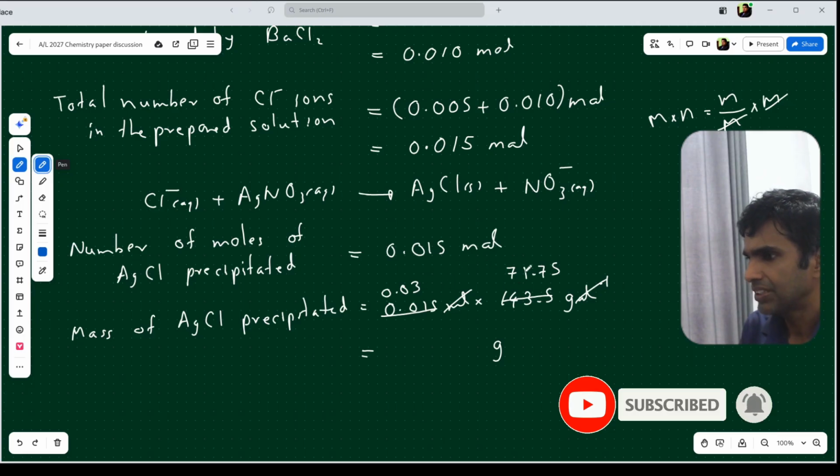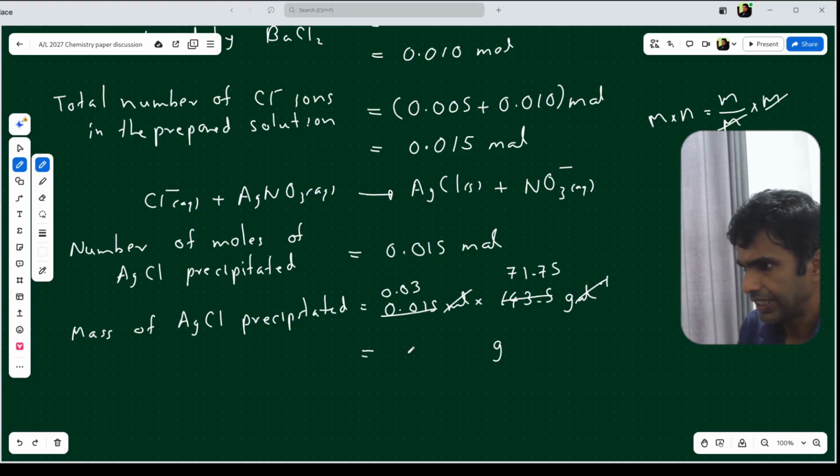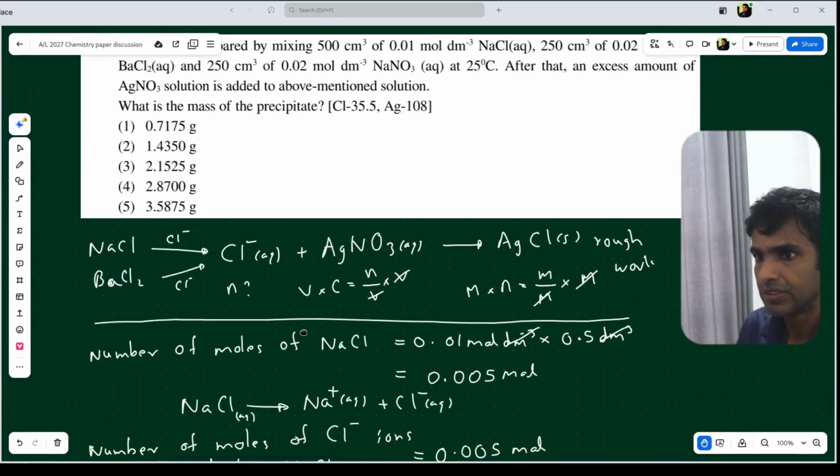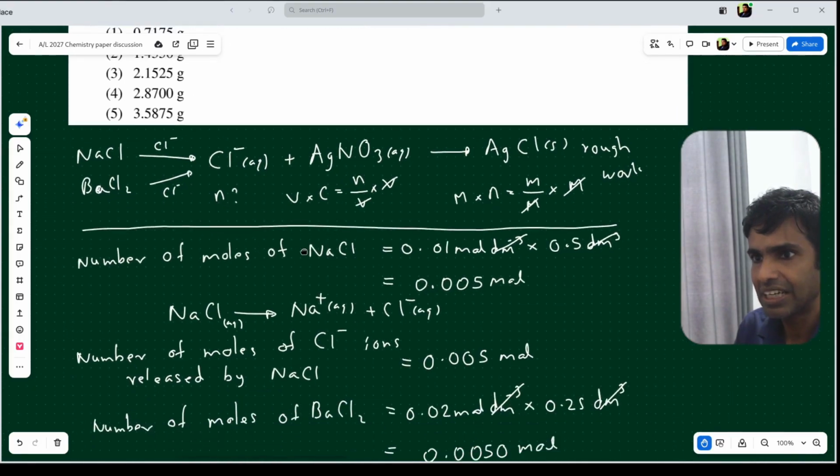So 3 times 70, 210, then 2 decimal places. So the answer is approximately 2.1 grams. When we check the answers, it is clear that the third one is the appropriate answer because it is 2.1525 grams. So we can select that one as the correct answer.